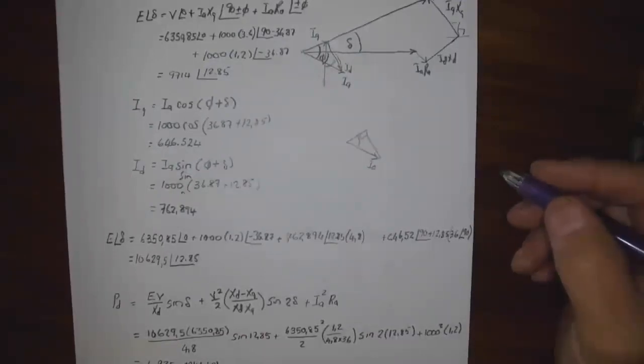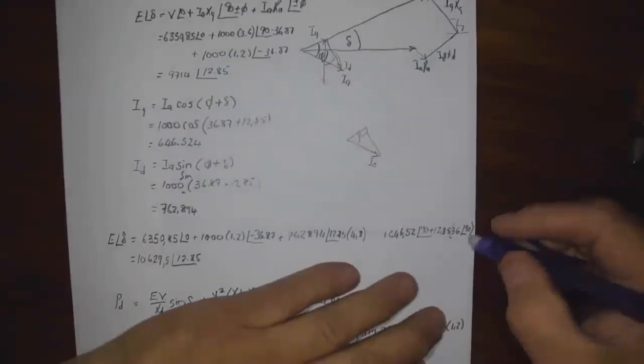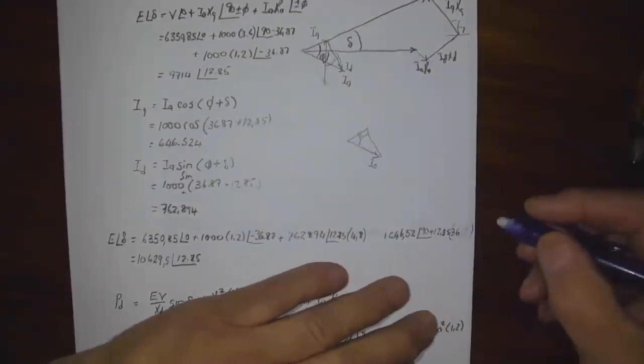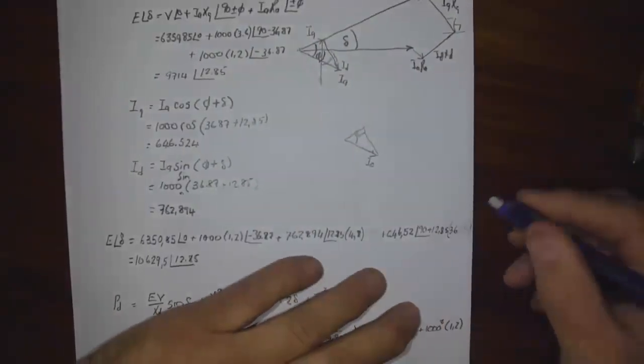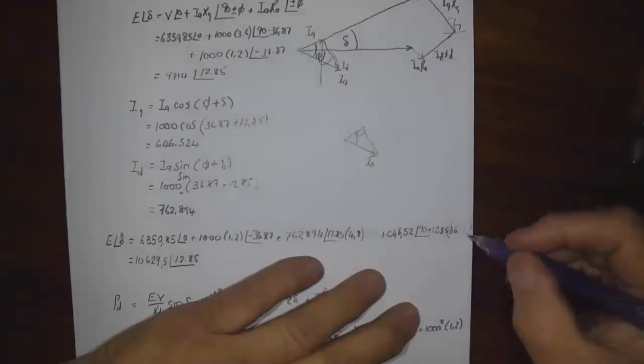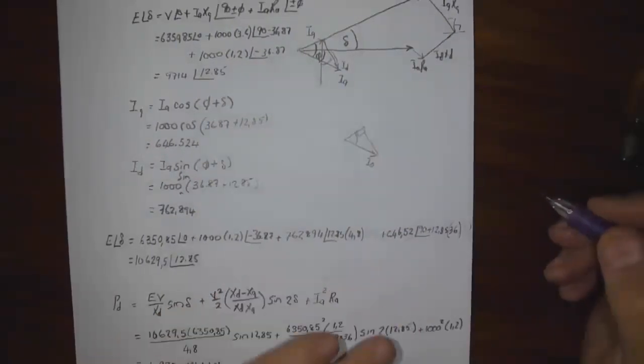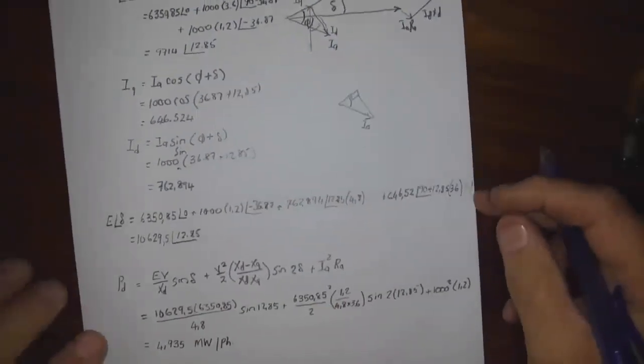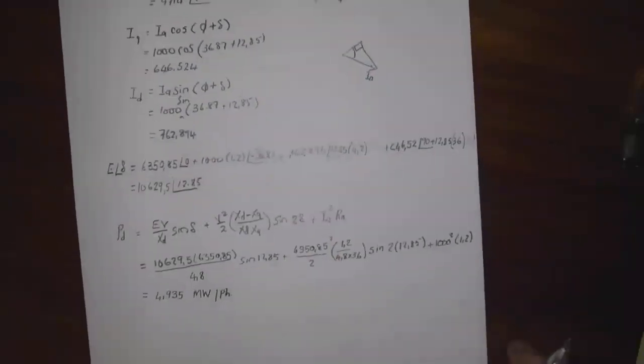Can you remove one 90 there? You have a lot of 90s there. It seems like it. That answer is correct if you did that. Okay, all right, doesn't matter.